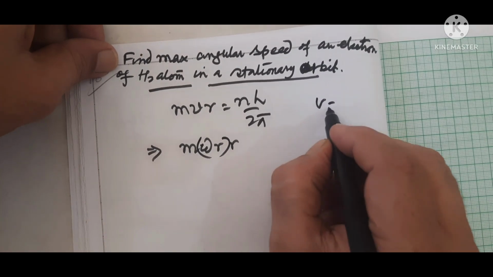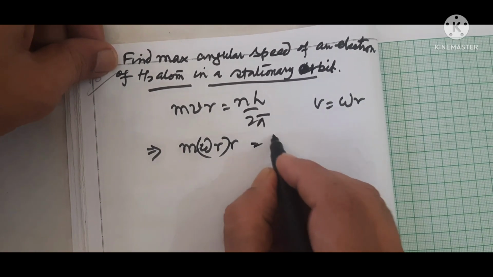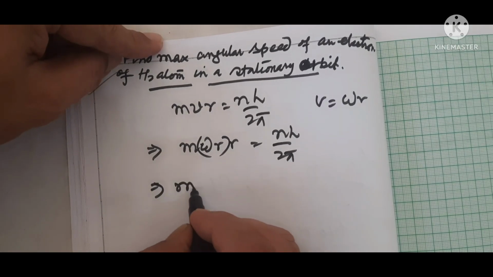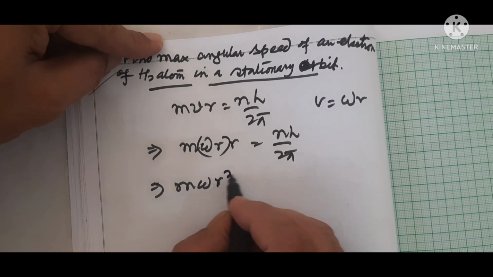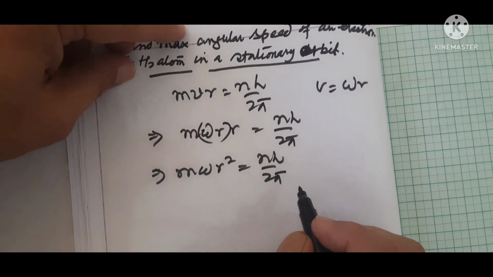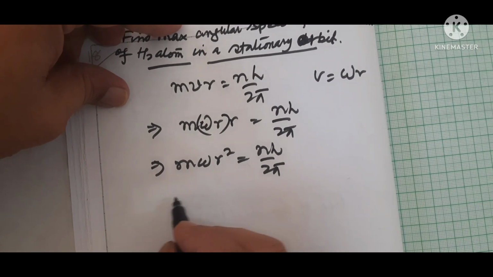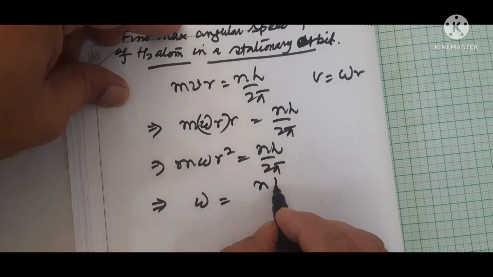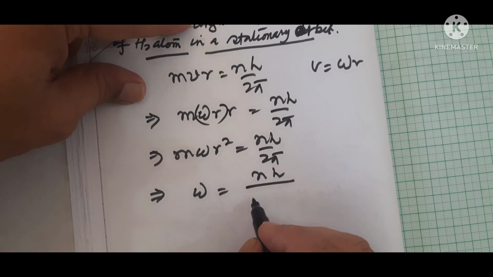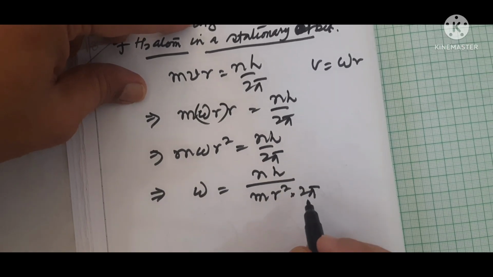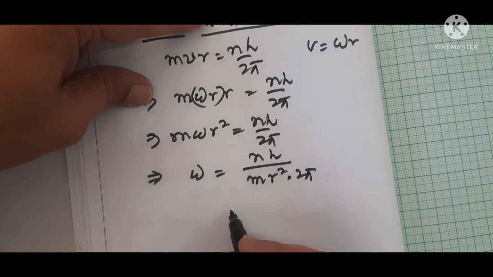We know v is equal to omega r, so m omega r square is equal to nh by 2 pi, right? So our purpose is to find the omega, so omega is equal to nh by m r square into 2 pi. m r square इधर आ गया.